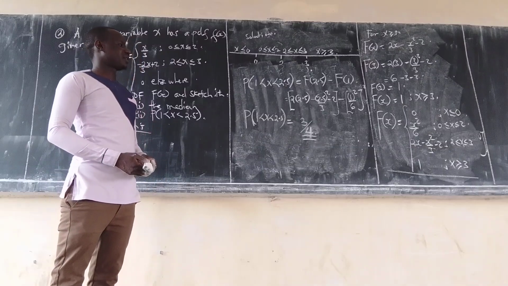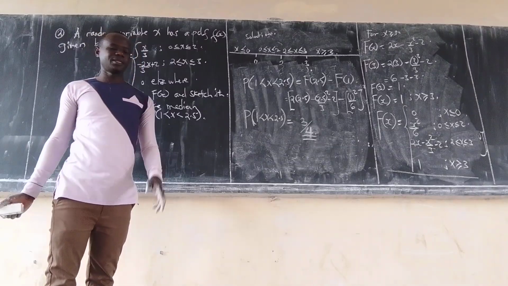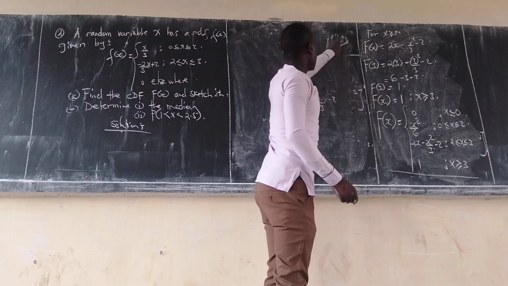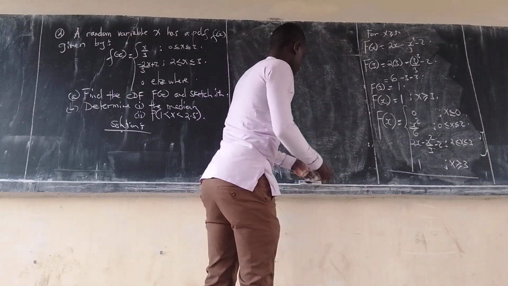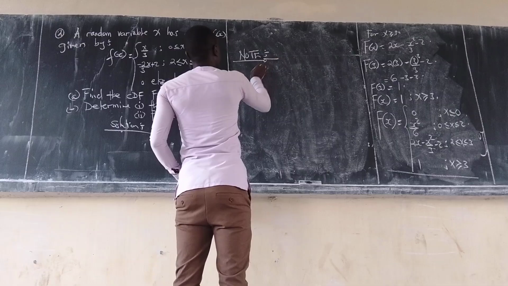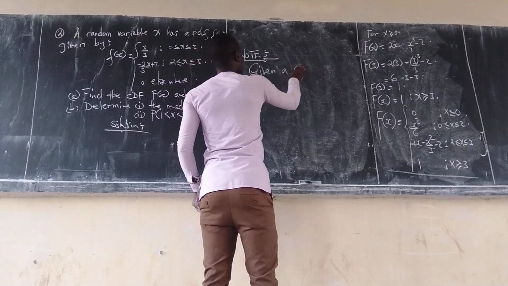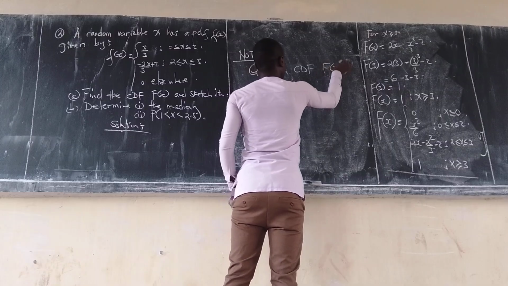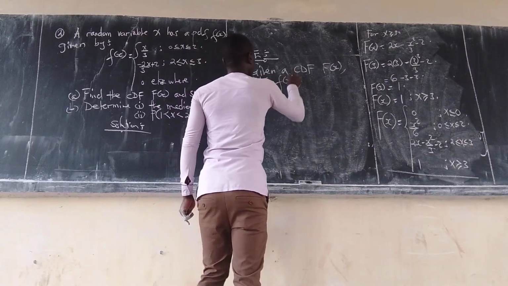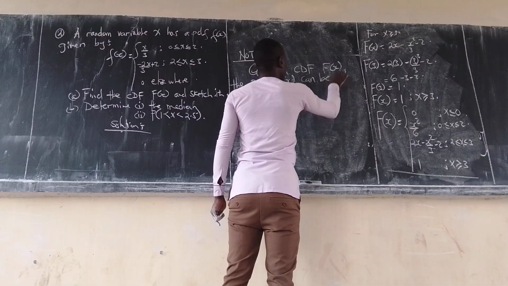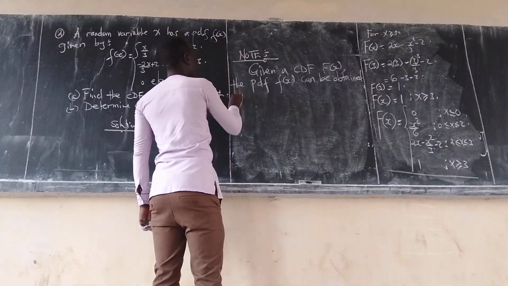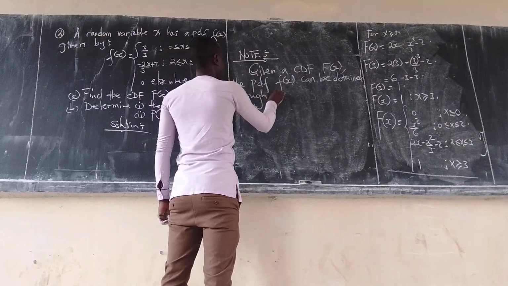Now the other note which we can make here is: given a CDF, capital F of x, the PDF, small f of x, can be obtained through differentiation.